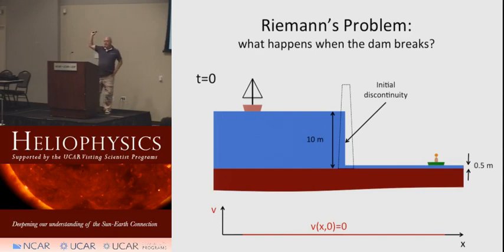Who thinks the answer to the Riemann problem is the wall of water is 10 meters high and it washes over him? Anyone? Okay. Who knows how high it will be? That's tough because you have to solve a Riemann problem.